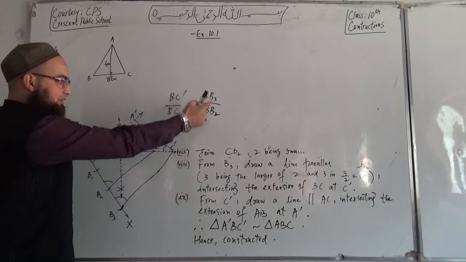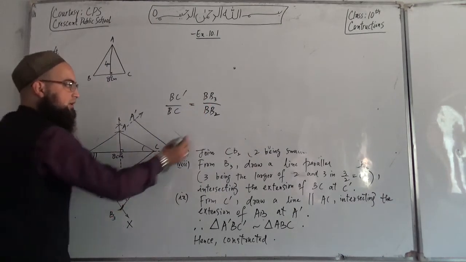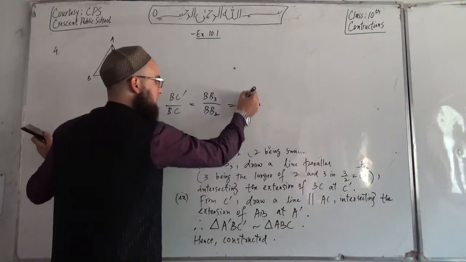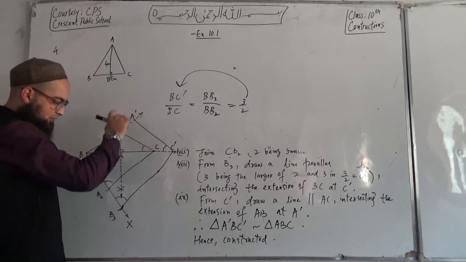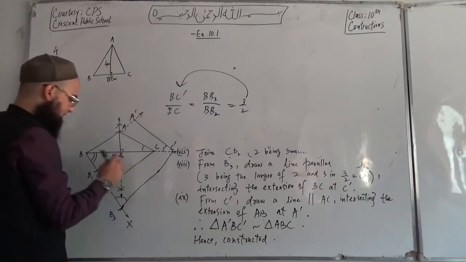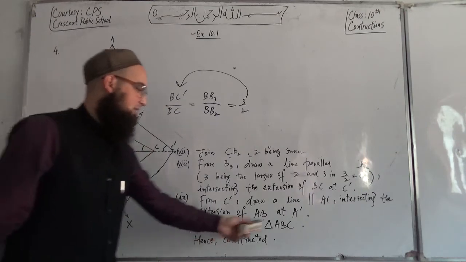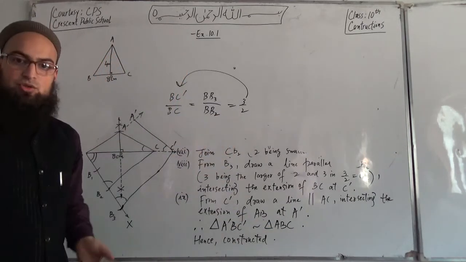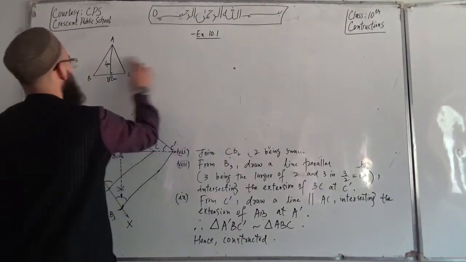Got it? But BB3 are three parts, BB2 two parts, so 3 by 2. So that means this is also 3 by 2. Now this is the side of this similarity, BC dash by BC. So all three sides of this similarity are in the ratio 3 by 2. This justifies your construction. Hope you understand that.